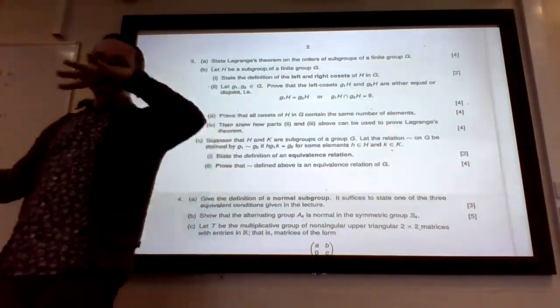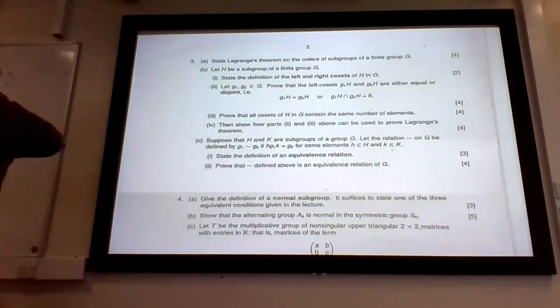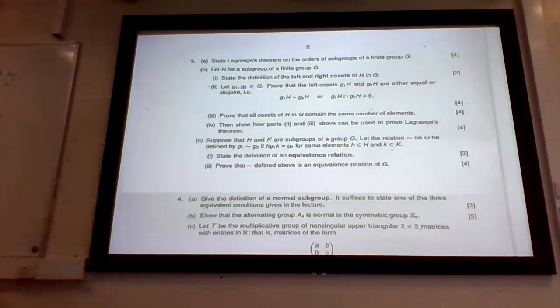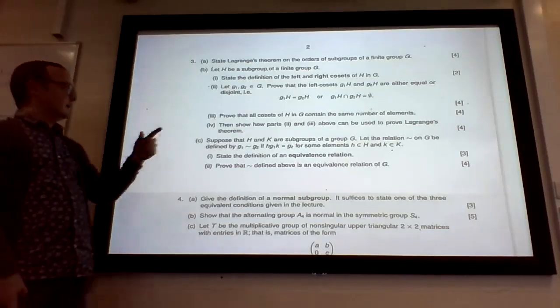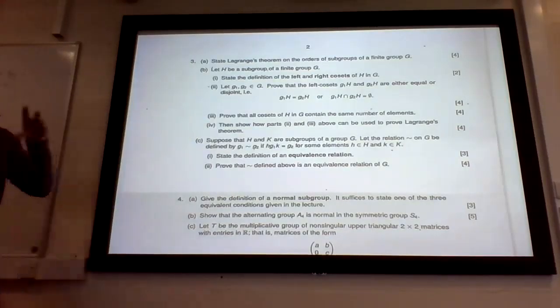You can't have G1H partially overlapping G2H. They're completely disjoint or exactly the same as subsets in G. It's that fact that means the left cosets partition G. It splits G up into subsets, and then here you're proving each subset is the same.